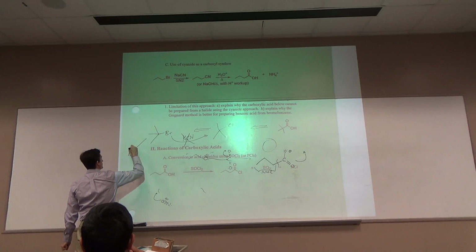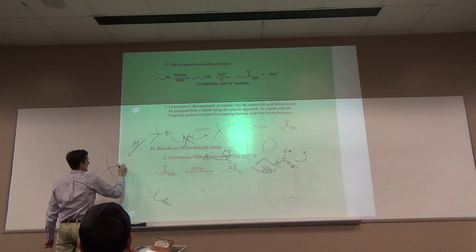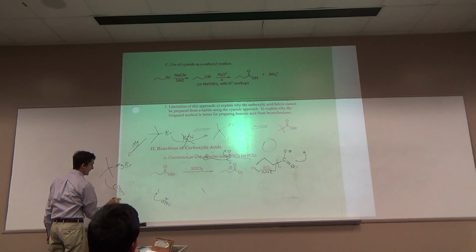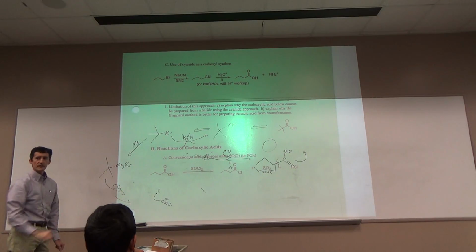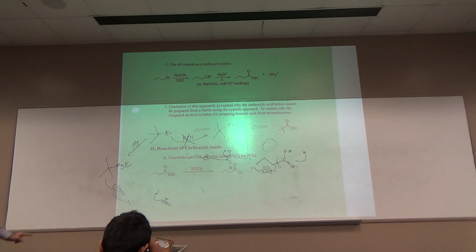Now you can make a Grignard here. We've never said you could not make a Grignard. You make the Grignard and then you throw in your CO2 and then your H plus workup, you can get that. Not quite seeing it? Well, I'm sure when you go home at lunch or this evening, you'll sit down and then you'll see it.